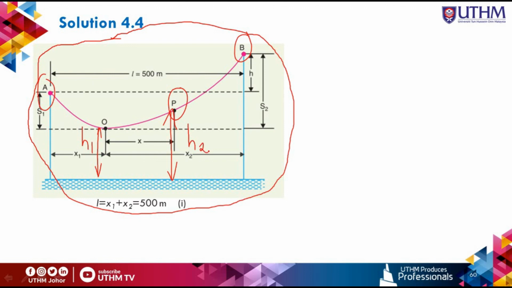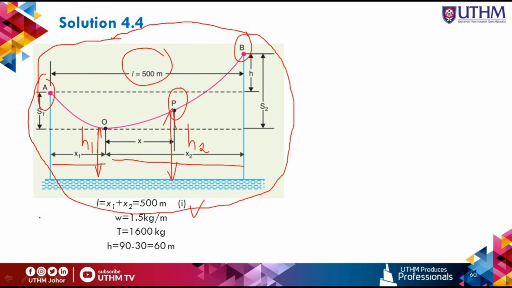First, you know that the span between tower A and B is 500 meters. This is L, so x1 plus x2 gives 500 meters. This is the first equation. The weight of the conductor is 1.5 kilograms per meter, and the tension is 1600 kilograms.